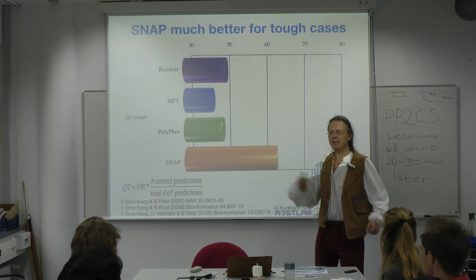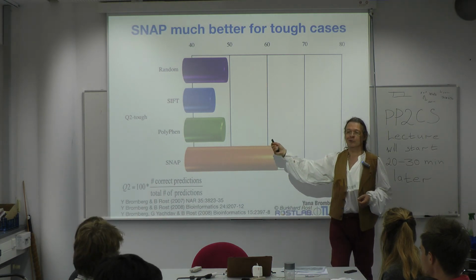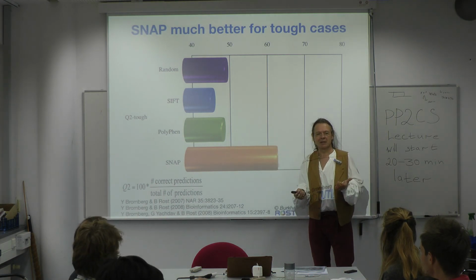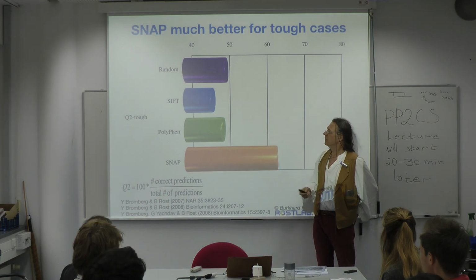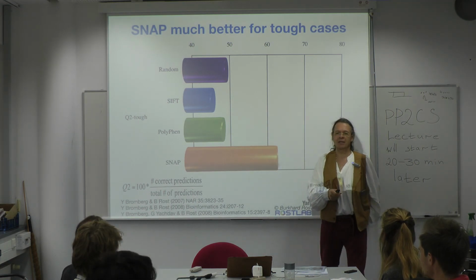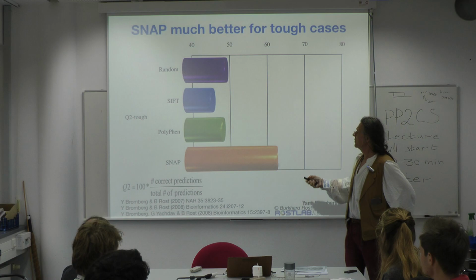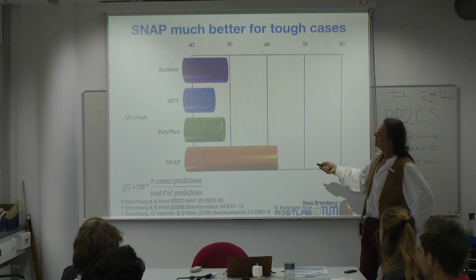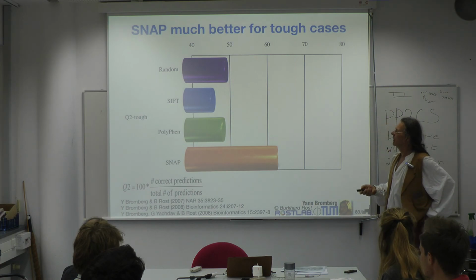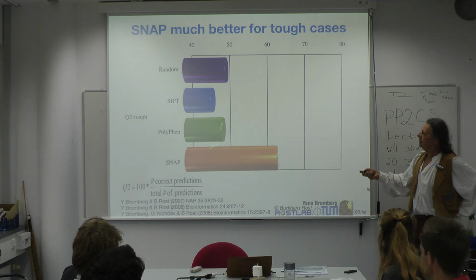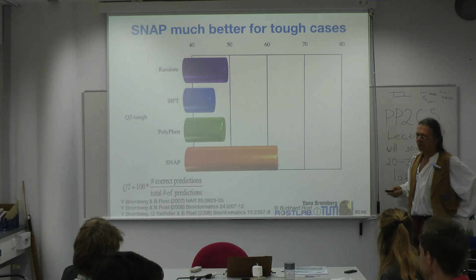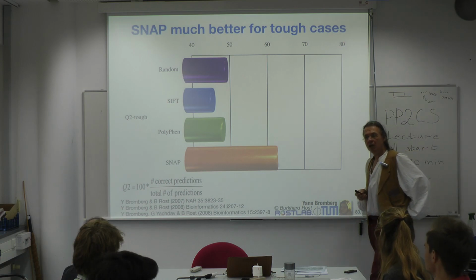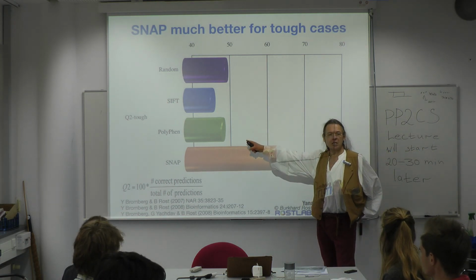The problem is you cannot pick those out and then throw a coin for those, because you don't know which ones. Well, actually you could, because in this particular case I choose the one where they agree, I disagree. Actually for those, actually you could improve, yes. True, you could improve by throwing a coin for those. And so for SNAP, the performance goes substantially down, but it's substantially better.